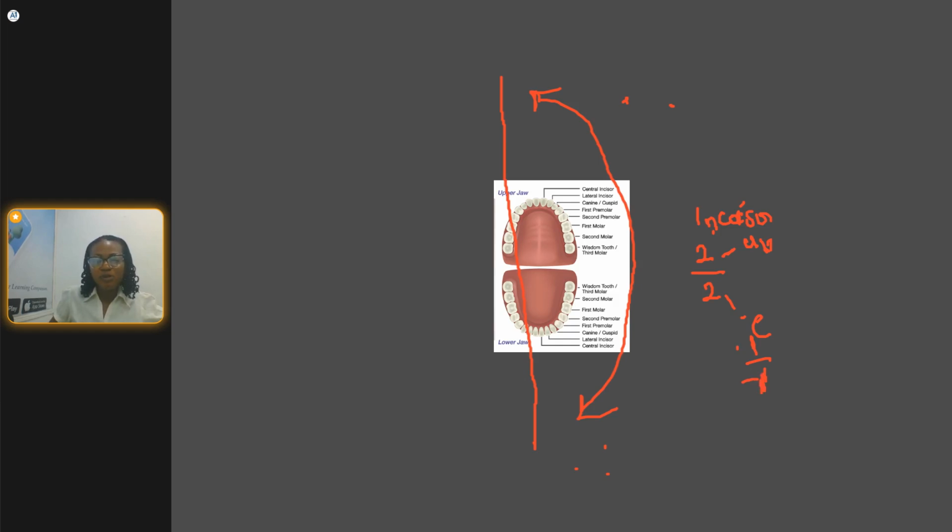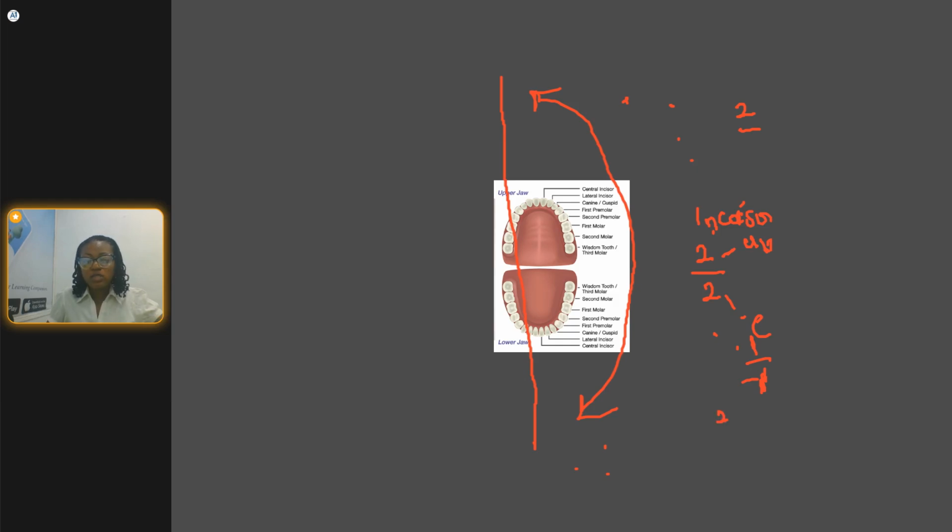And we move to the premolar. How many premolars do we have? According to the labelings, we have 1, 2. So we have 2/2. For the upper jaw, we have 2. That is for premolar. And for the lower jaw, you also have 2.